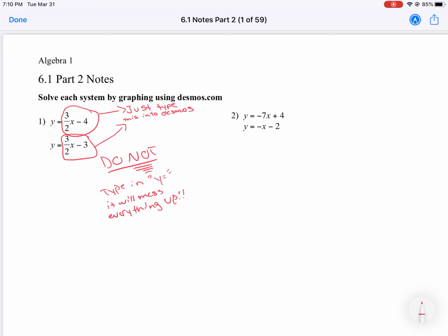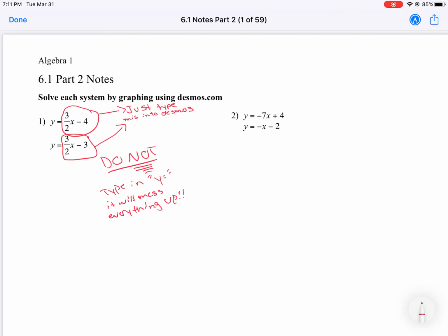Okay. So we've been graphing systems of equations now. When we graph systems of equations, what we're looking for is where these graphs intersect. And where those graphs intersect is called our solution. So we had 3 cases last time. We had one solution, where the graphs intersect at exactly 1 point.